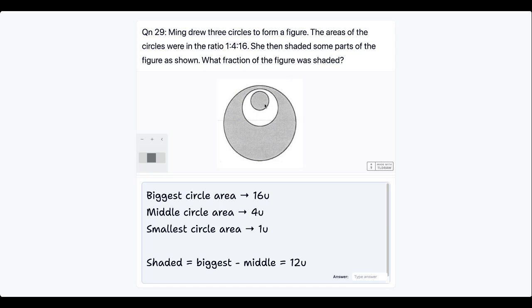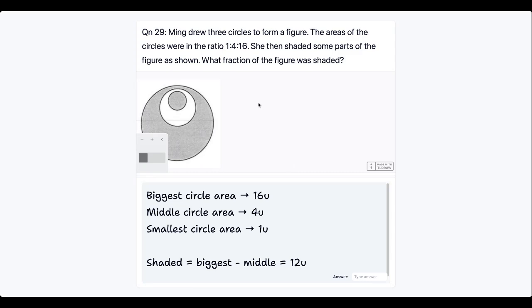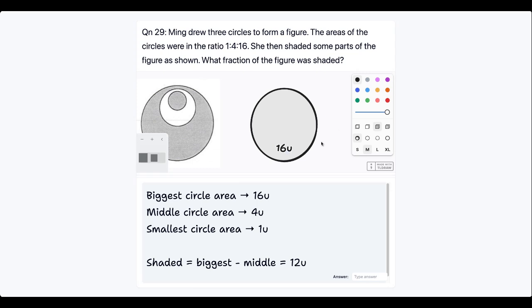So if I were to break this down really quickly, we have 16 units as the biggest one, and then let's copy paste this as well. The second smallest one, we know that this is 4 units.